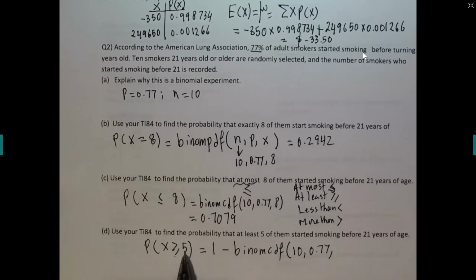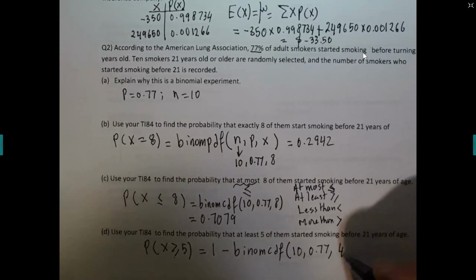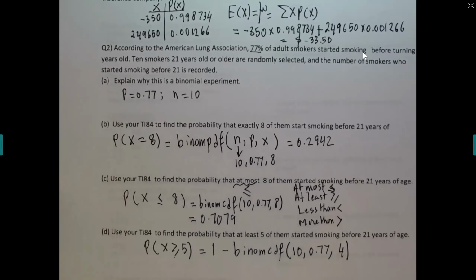greater than or equal to 5 means, guys, 5 or 6 or 7 or 8 or 9 or 10. So what was not included there from the entire set of values? So we want it from 5 and up. Here you put the complement. So what comes right before 5, guys? 4. You put the 4 here. And I put the rules yesterday for this.